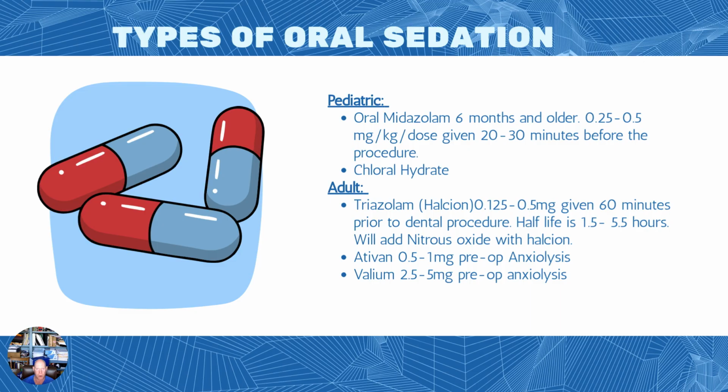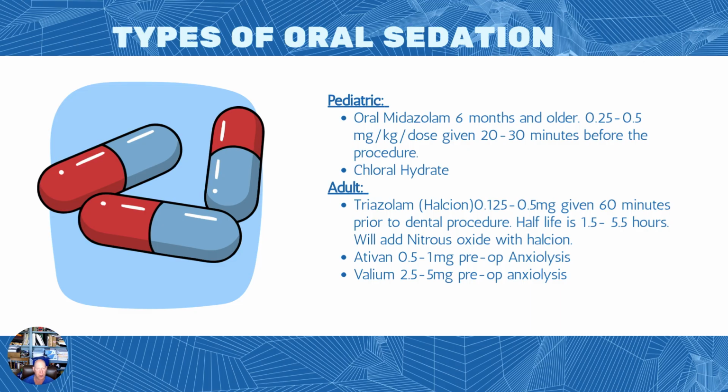Midazolam for pediatrics, we're using 0.25 to 0.5 milligrams per kilogram per dose. You're giving this 20 to 30 minutes before the procedure. We used to use chloral hydrate. It is not available anymore.